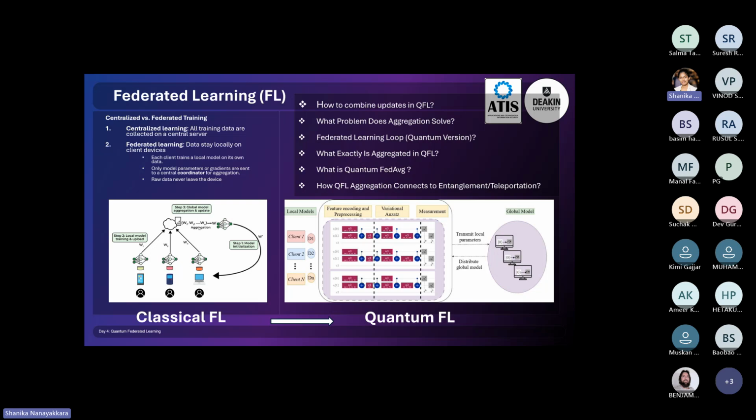For simplicity, let me explain using this diagram. It basically shows three steps, but someone will say it has four steps. The first step is the client initializes the model by retrieving a global model from the server. That means for the first round, it is the initial global model, which is not yet trained.